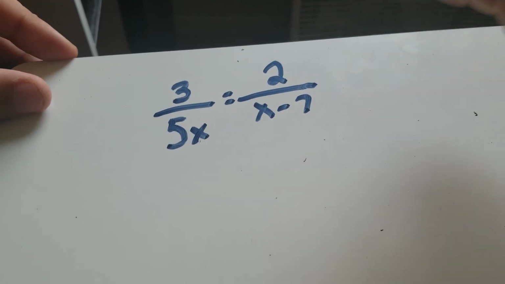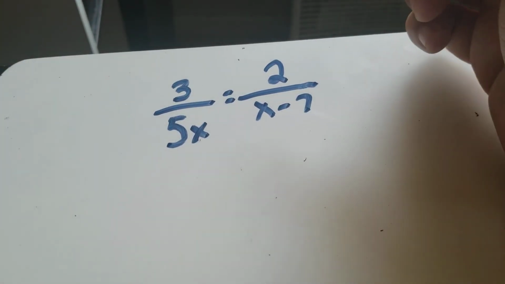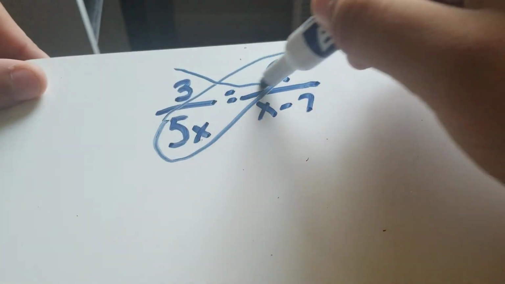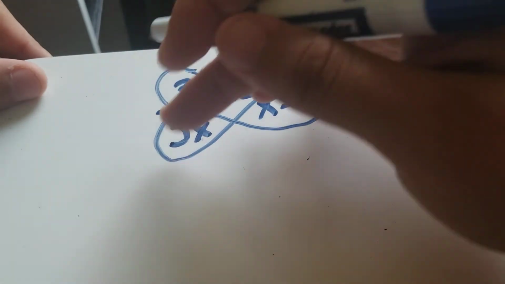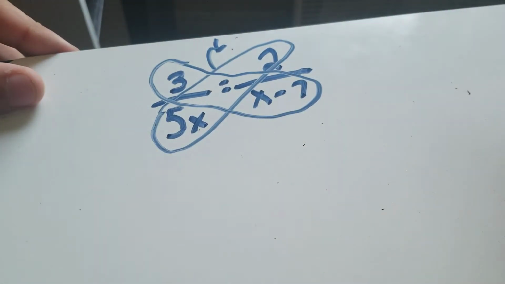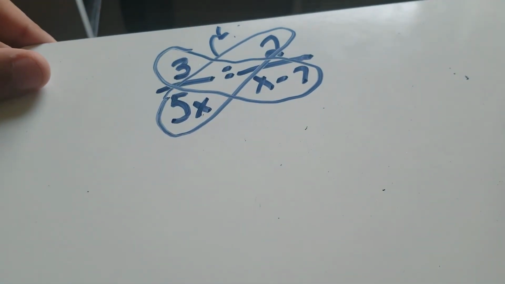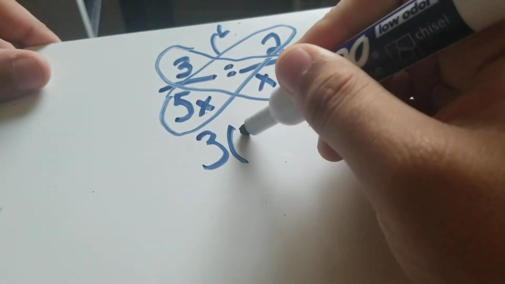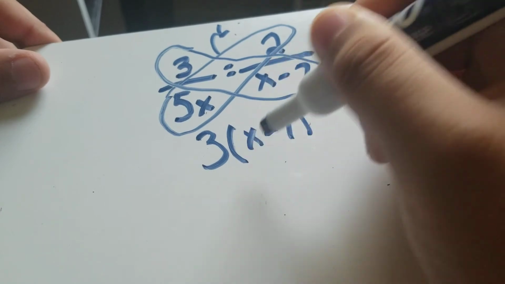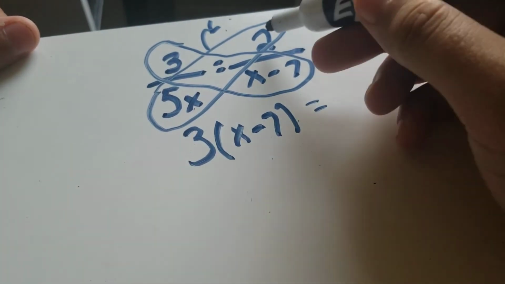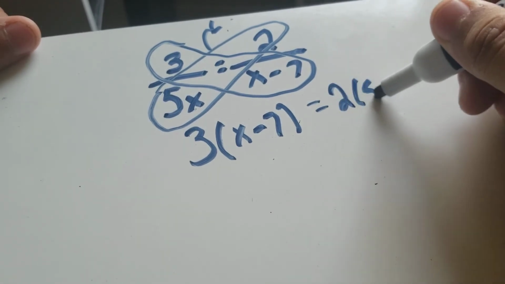So you have the ability to pause. Your first step, remember, is to cross multiply. Crisscross, applesauce, butterfly method. There are a lot of words for this thing. Let's cross multiply. I'll do this one first. That's 3 times x minus 7. Remember, you put these in parentheses because they're locked in. Over here equals 2 times 5x.